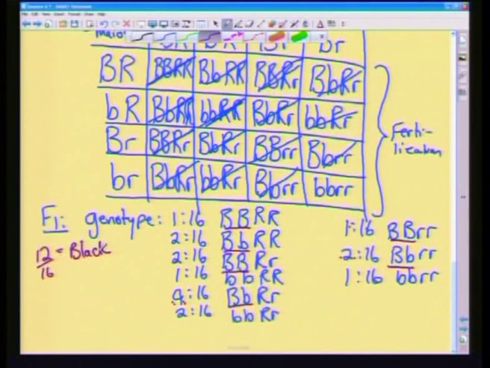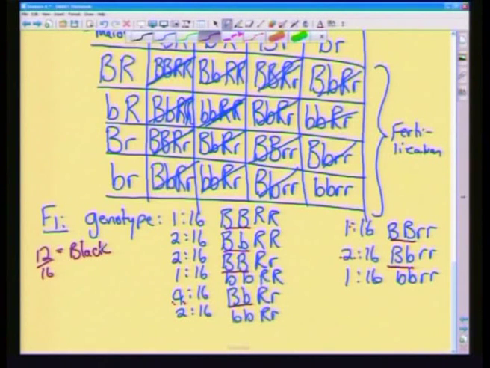So that's 1, 2, 3, 4, 5, 6, 7, 8, 9, 10, 11, 12. 12 of these offspring, 12 out of 16, are going to have black fur. All right, 12 of them.